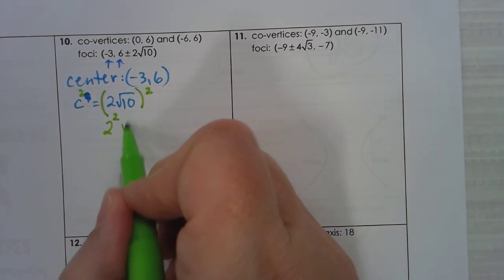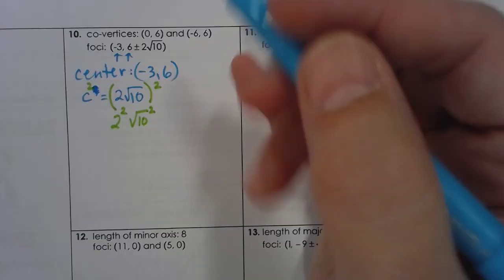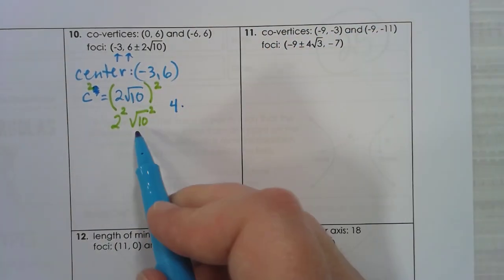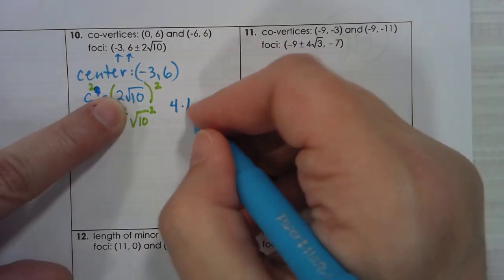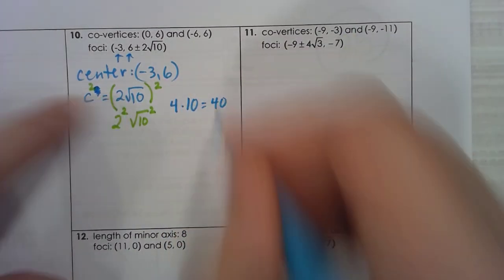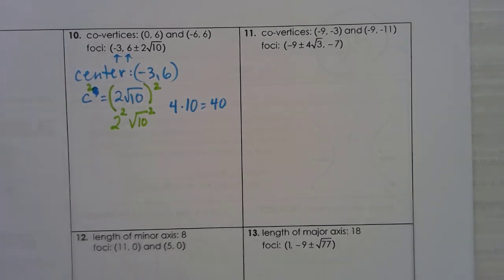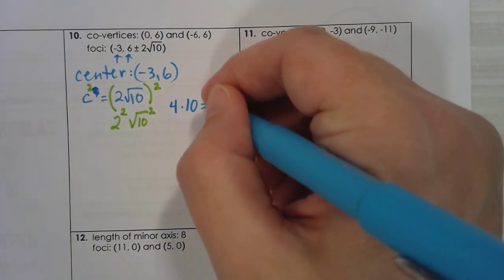So we'll do 2 squared and square root of 10 squared. It's easier in your head. 2 squared is 4. The square root of 10 squared is just 10. So 4 times 10 is 40. So you square the number in front and you multiply it by what's underneath, essentially. Okay, so C squared is going to be 40.